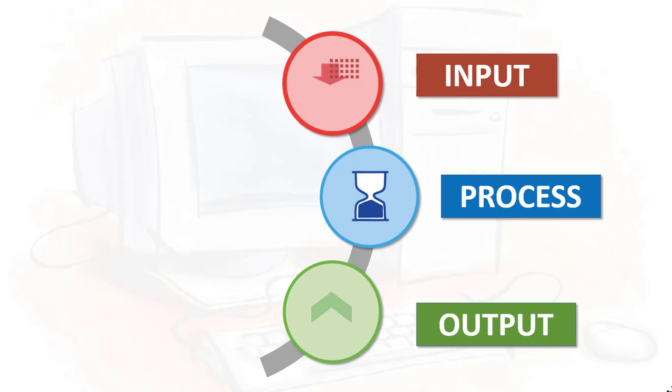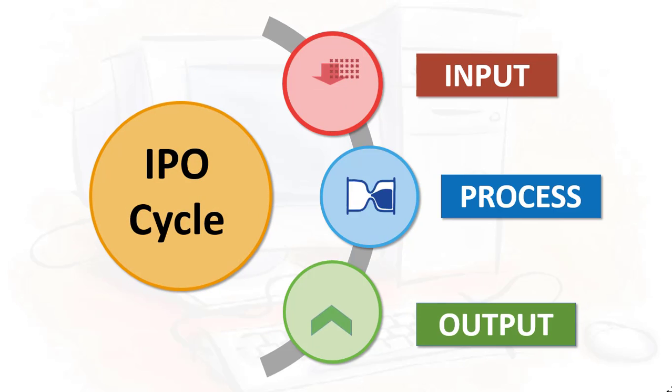These three things, input, process and output, are known as the input, process, output cycle, that is the IPO cycle. In the IPO cycle, the letters are the initials of input, process and output. I stands for input, P stands for process and O stands for output.